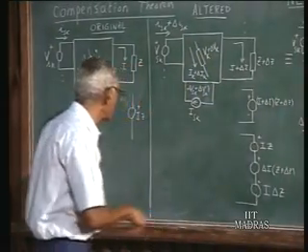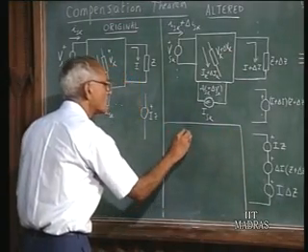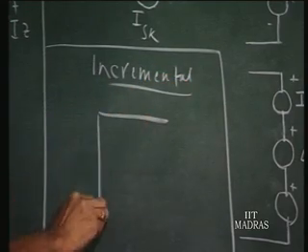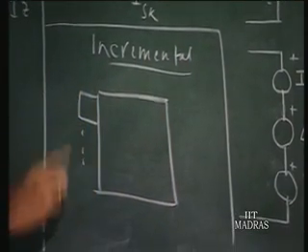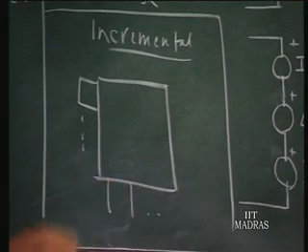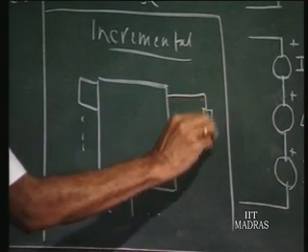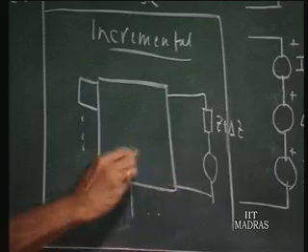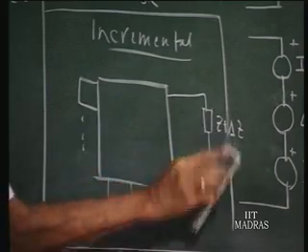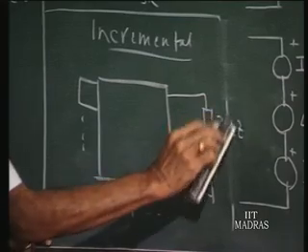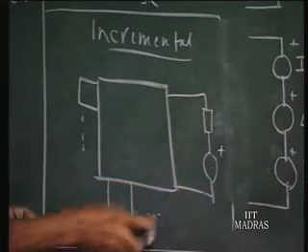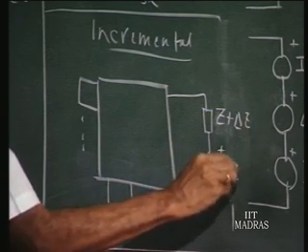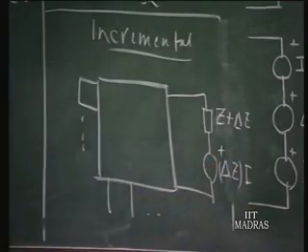That means the incremental network will be simply one in which all the voltage sources are short circuited, all the current sources are open circuited, and you have the altered impedance Z plus delta Z, and you have a voltage source which is the change in impedance delta Z multiplied by the current which was originally flowing in that element.